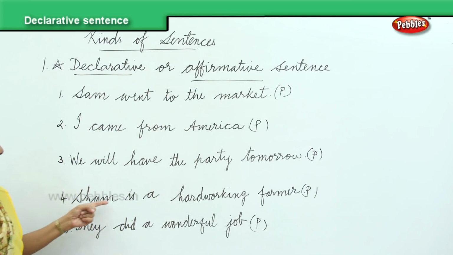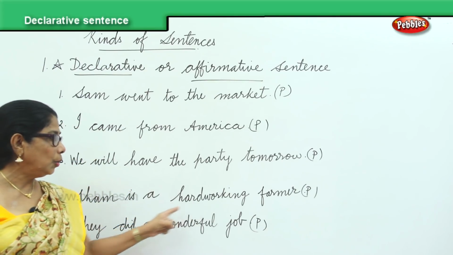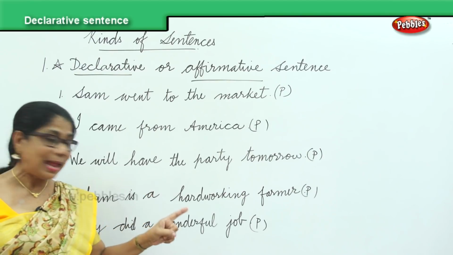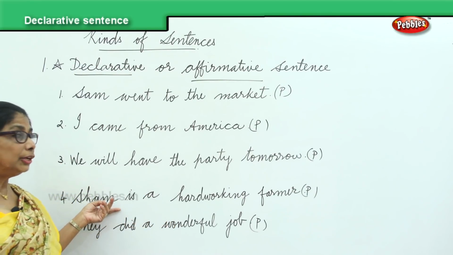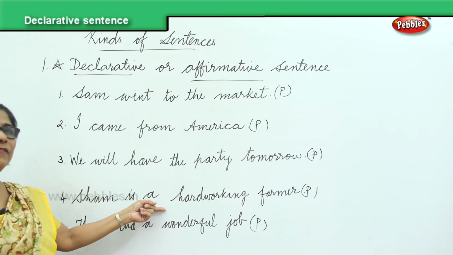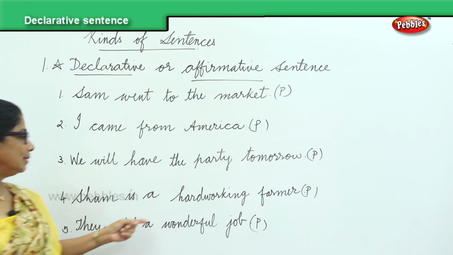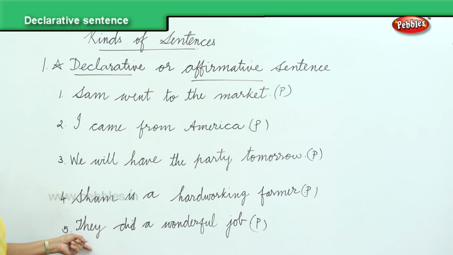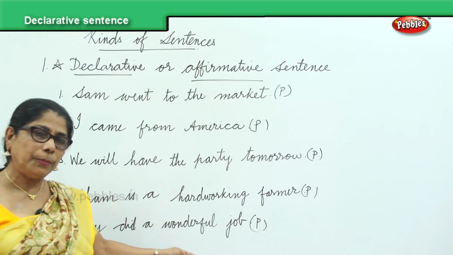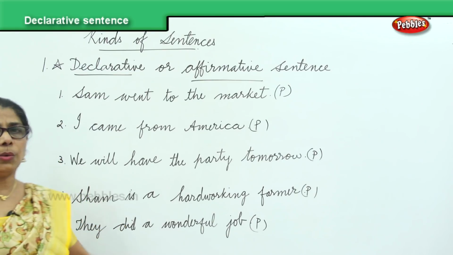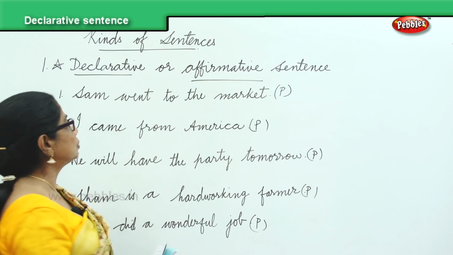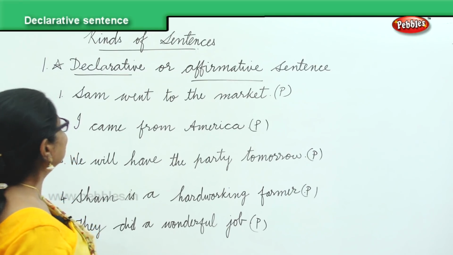And here, Sam is a hard working farmer. Sam is not a hard working farmer. That makes it a negative, declarative, affirmative sentence. They did a wonderful job. They did not do a wonderful job. Okay?